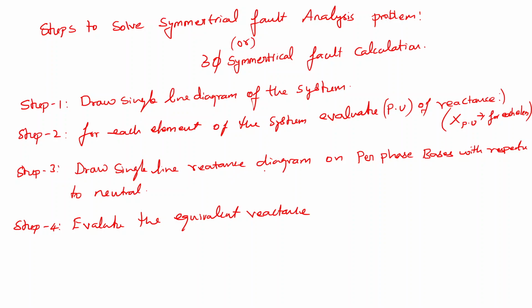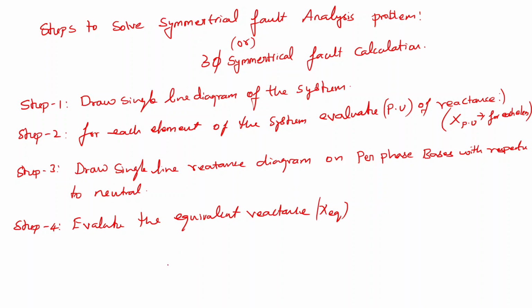From that, we need to convert the different reactance values into an equivalent reactance. If connected in series, we just add the reactances. If in parallel, we use the formula. Convert all the reactances into a single equivalent reactance value, that is x equivalent from step 3.